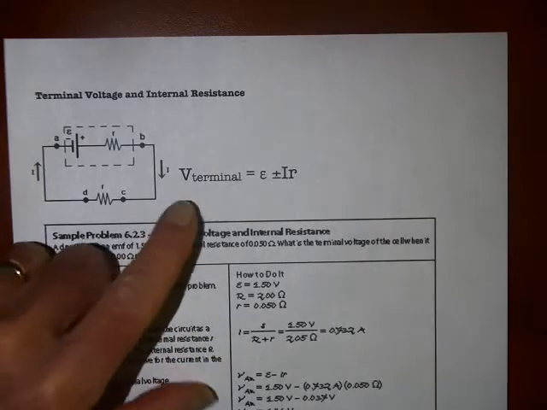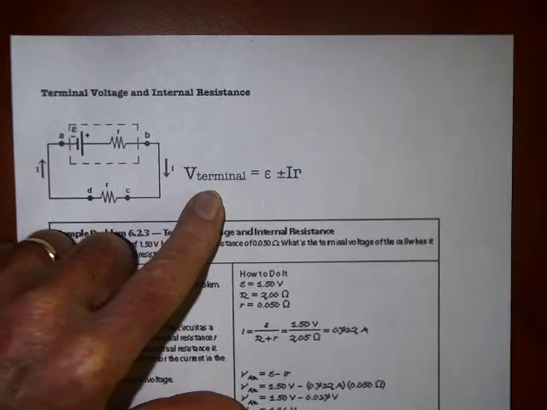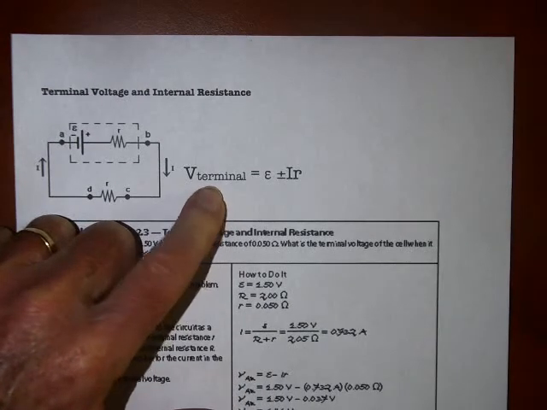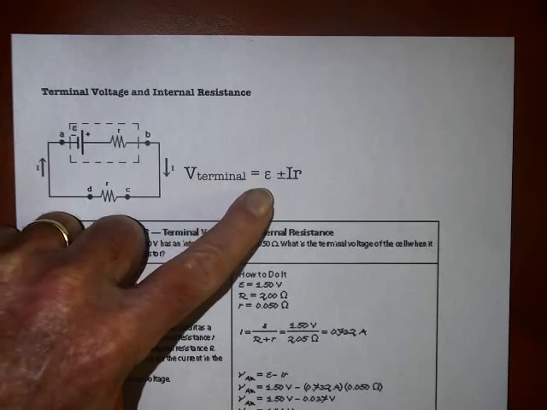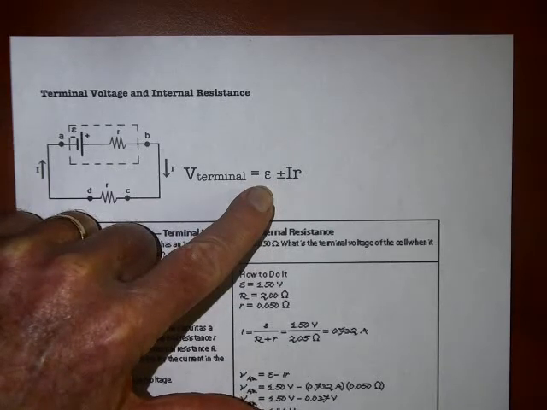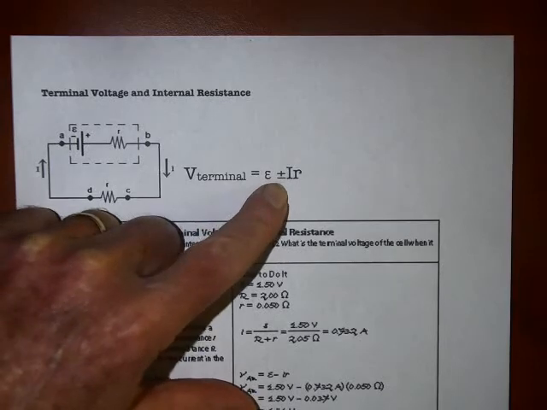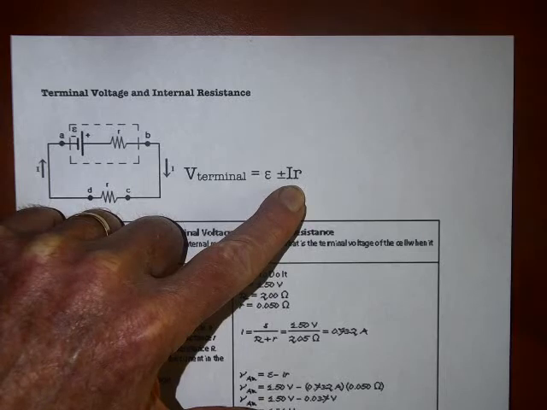So this is the equation for terminal voltage. Terminal voltage is equal to E, the electromotive force, which is basically another measure of voltage, plus or minus the current times that small r, the internal resistance.